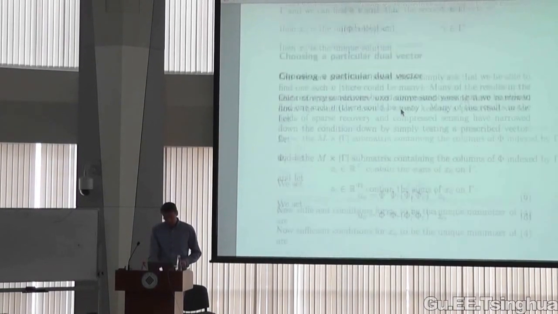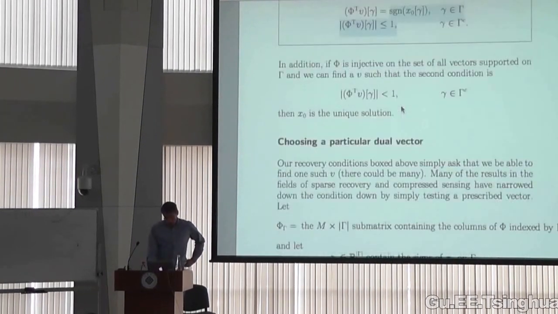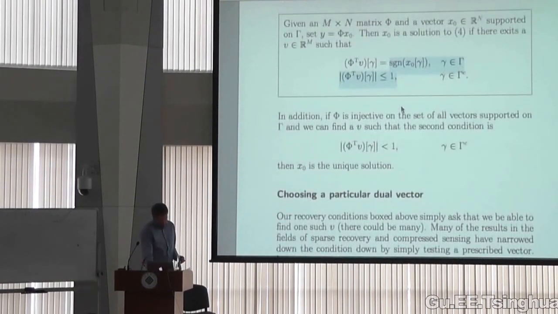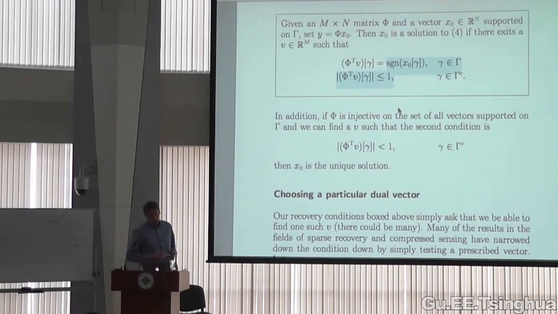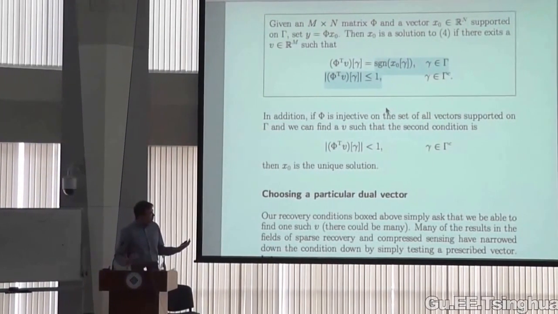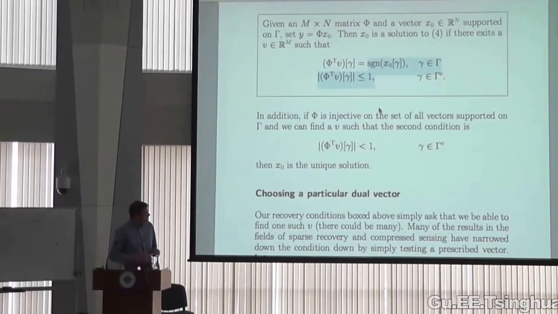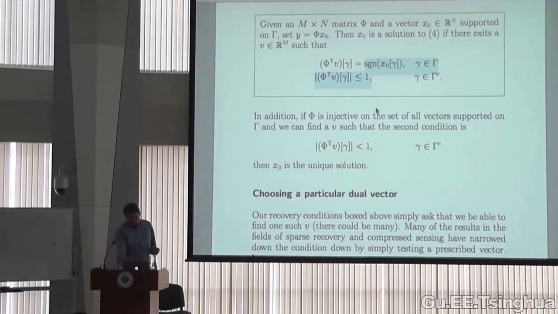So here's what many of these papers in compressed sensing do, especially the very early ones and also very recent ones, because sometimes this is easier to do than the constructions we'll talk about later today.